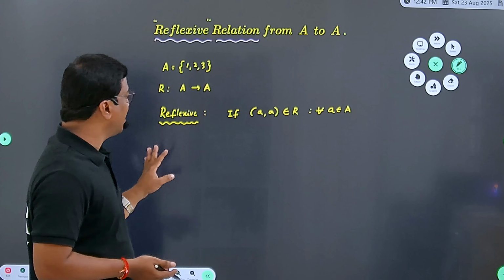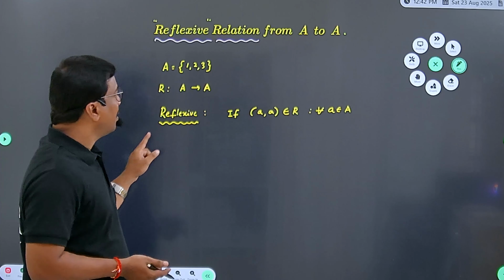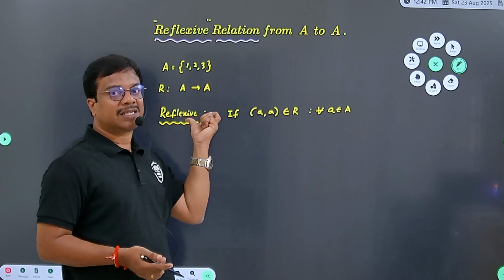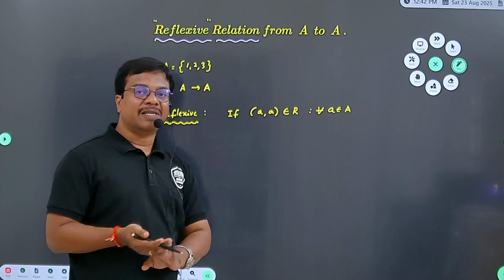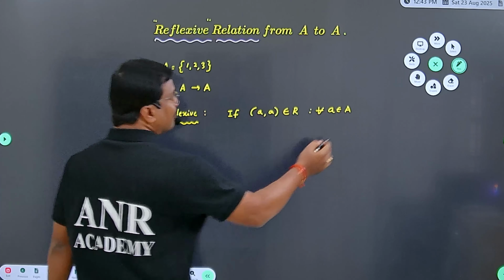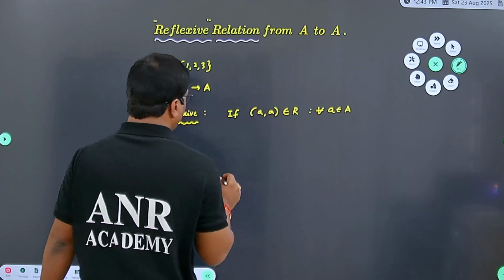Just remember that for a relation to be reflexive, the diagonal entries must be present in the relation, and the other elements may or may not be present.